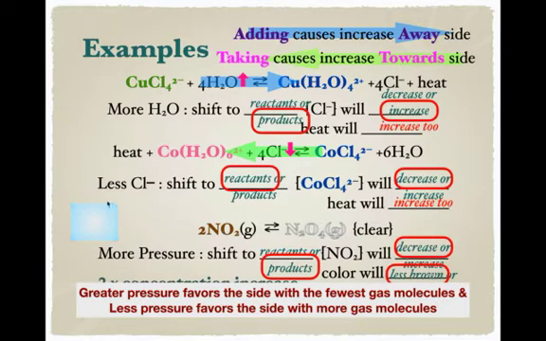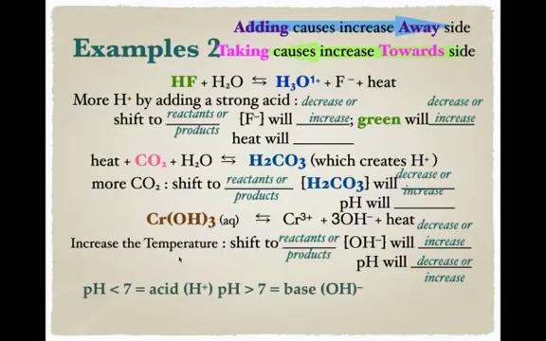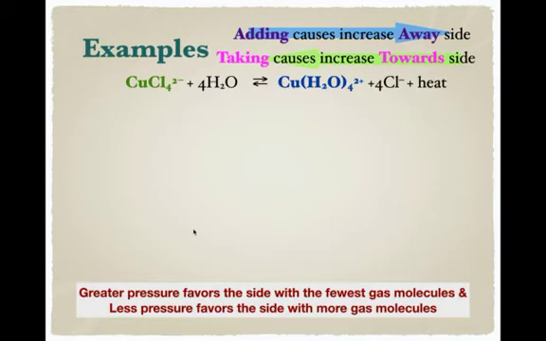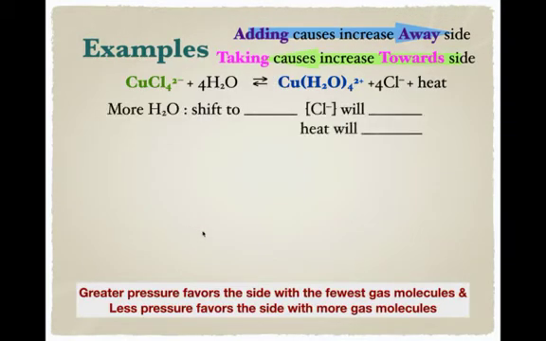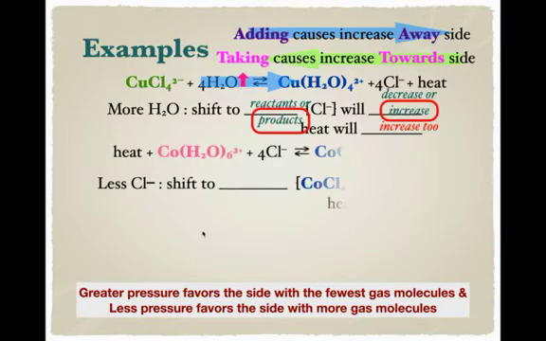So here's a large container, and let's imagine my N2 is inside here. If I shrink it, bloop, then now the particles find each other more often, and so they shift over here. So greater pressure favors the side with the fewest gas particles. So we increase pressure. The side with the most particles was the N2O4.